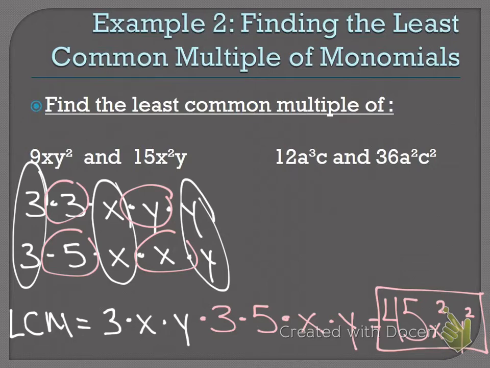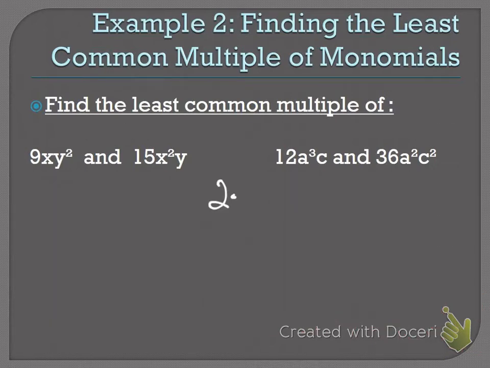All right, I want you to do this second one on your own. 12a to the third c and 36a to the second c to the second. I want you to find the LCM of those two monomials. All right, so now let's start listing out the prime factorization.